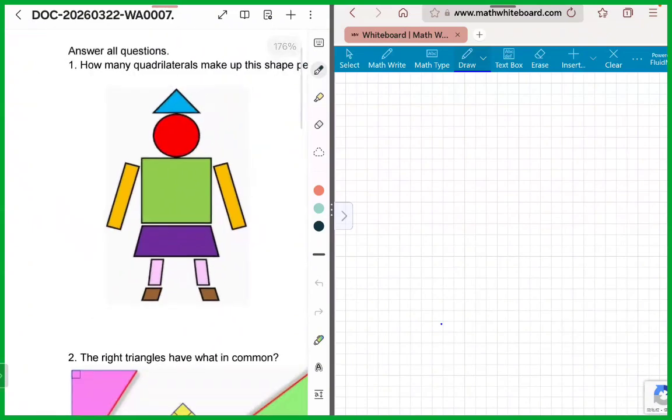You guys can see the purple ones also have 4 sides, so you need to include them in the number of shapes. The green one has 4 sides, and the hand, leg, and shoe also have 4 sides. But the dress also is a shape with 4 sides.